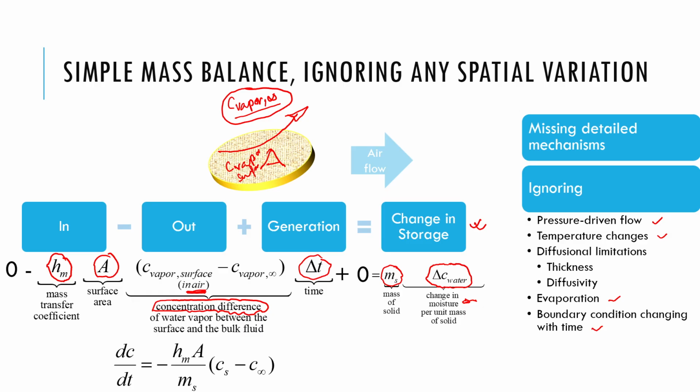There are also the diffusional limitations: it is true for a small thickness or very high diffusivity. Either way, we have to check the Biot number for mass transfer to be less than 0.1. So it is a very simple equation, but it is usable only in very restricted situations.